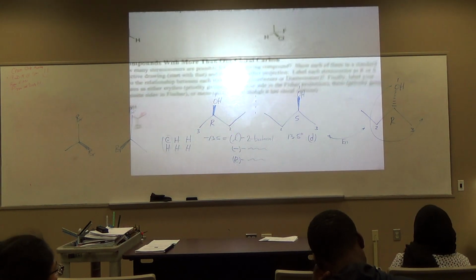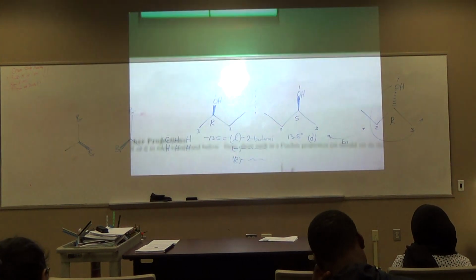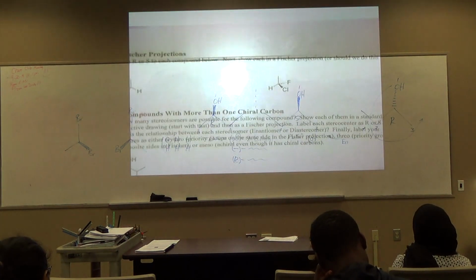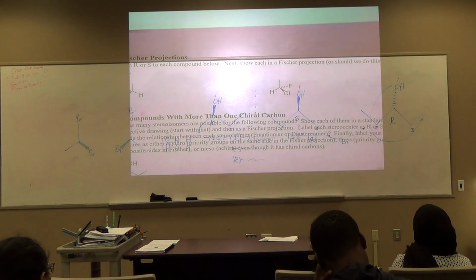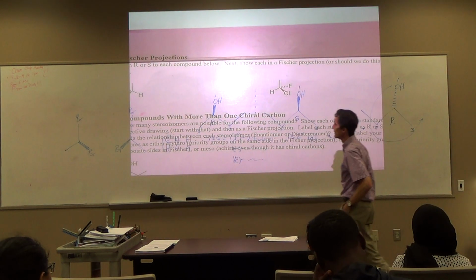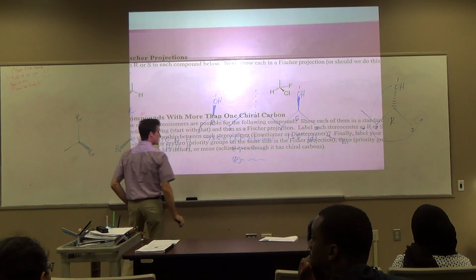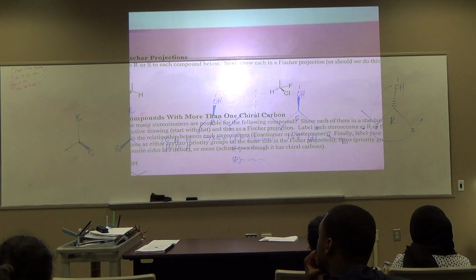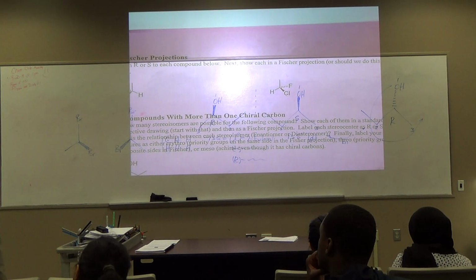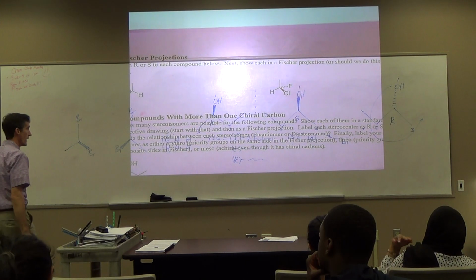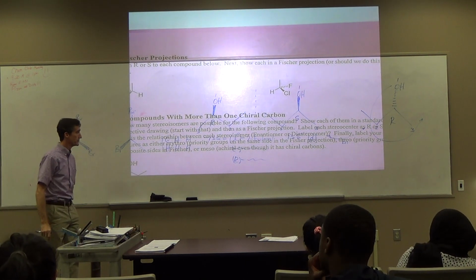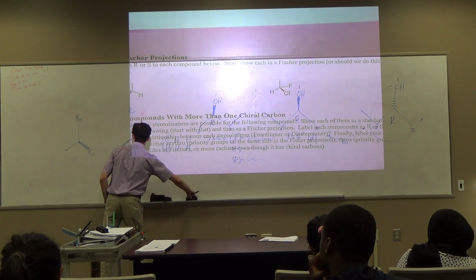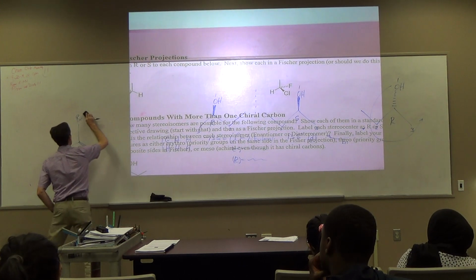Dr. Stevens, for naming, is it possible to have both the R and the L in one name, or is it usually just one or the other? Well, you could, because that gives you more information. Yeah, sometimes you include both, since they're not related.